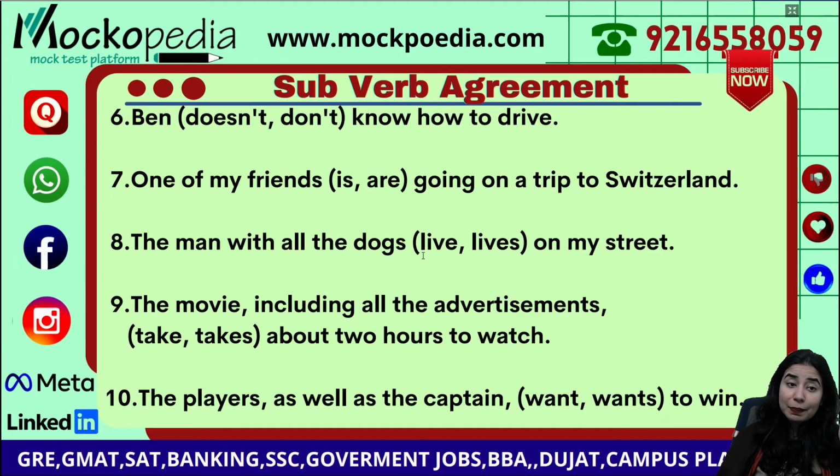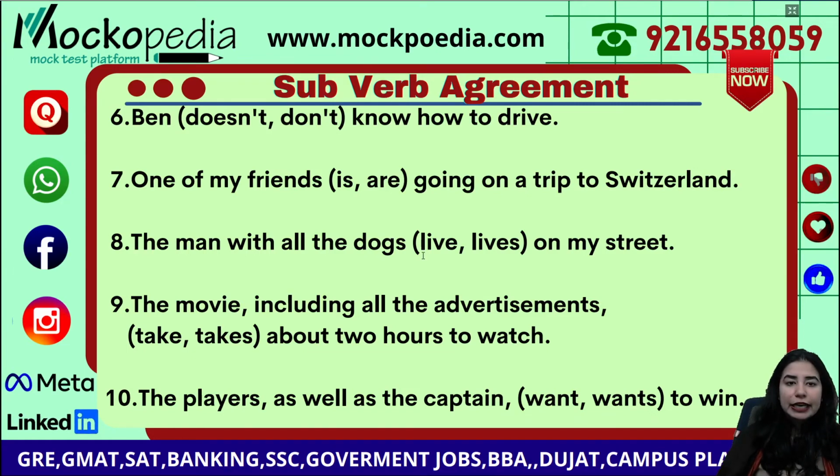So this is the implementation. Man is singular and hence the verb is going to be singular. With all the dogs is a prepositional phrase, and that's not going to impact our choice of the verb. Remember, please do take into account this is usually one rule that creates a lot of confusion. So we need to have the right insight for this particular rule. Let's move to the next statement.